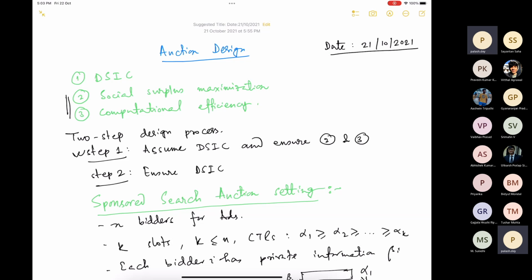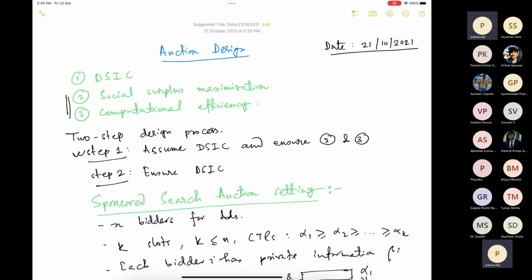The second property that we want to satisfy is social surplus maximization. The allocation should be such that the goods are divided so that the total amount of happiness is maximized. For a single item auction, the good should go to the person who values it the highest. And third is computational efficiency.